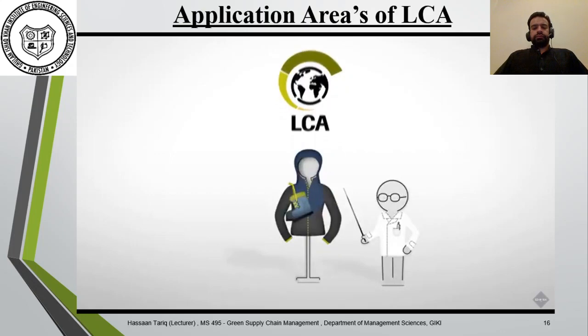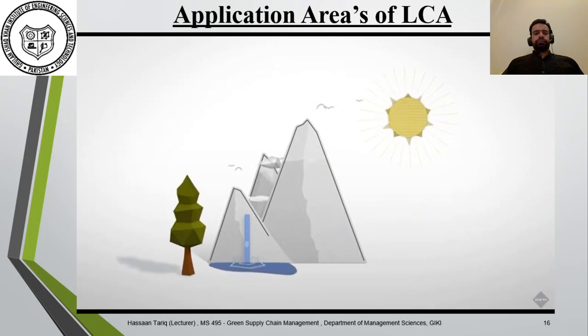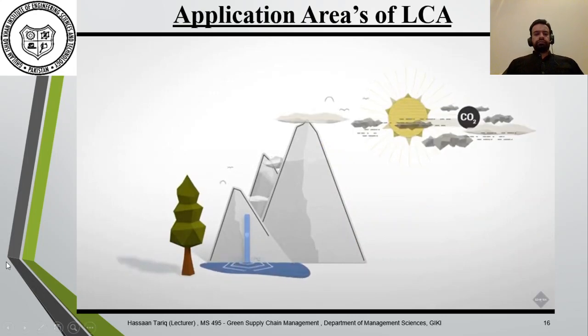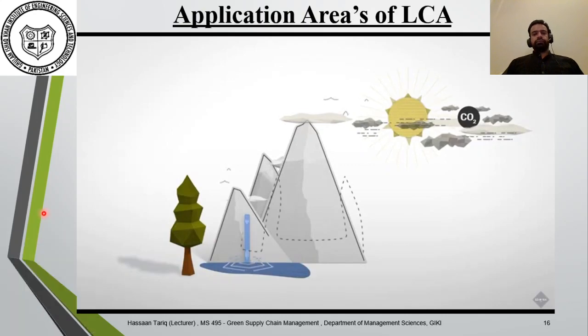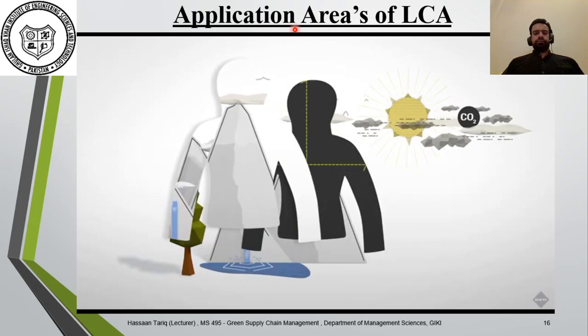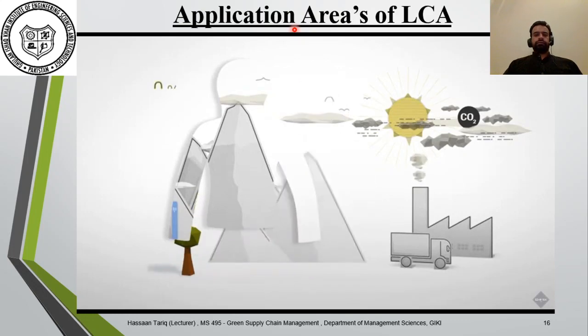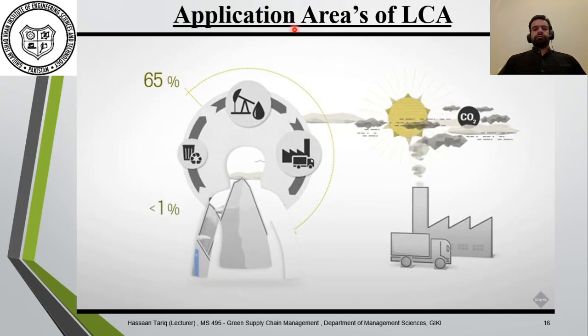But what does that mean exactly? Let's take the indicator global warming potential, also referred to as carbon emissions, as an example. In 2013, we measured the environmental impact of a typical Gore-Tex outdoor jacket. The results show that production and distribution have the greatest impact. 65% of the global warming potential measured in CO2 equivalent occurs at the beginning of the jacket's life cycle, whereas disposal contributes less than 1%.